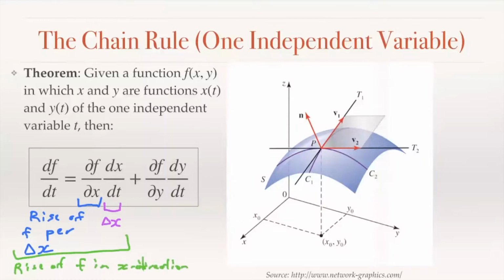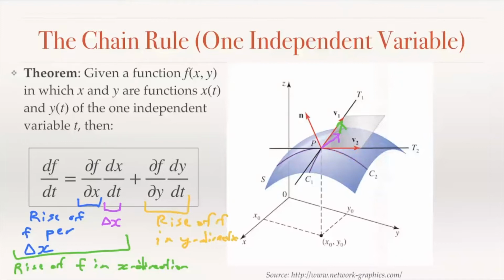So in other words, this rise, if our change in x is this. And similarly, this guy will be the rise of f in the y direction. So it would be this guy.